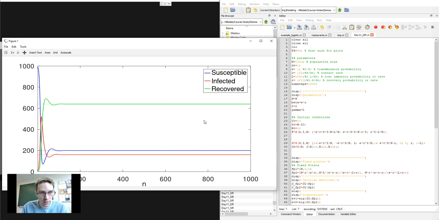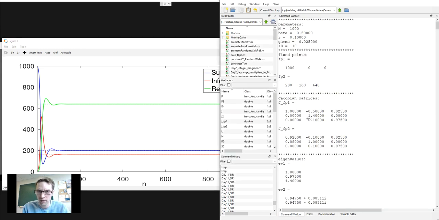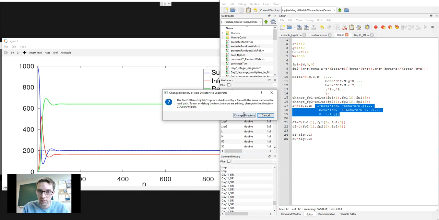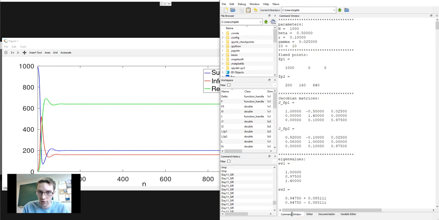Okay, and notice, even though we started with just a few infected people, the red curve was really small. As time went on, the red curve leveled off, and it's precisely at the value of the fixed point that we calculated before, which I believe, if we scroll back up here, was 160 for infected, 200 for susceptibles, and 640 for recovereds, and that's exactly what it seems like they're asymptoting to in this case.